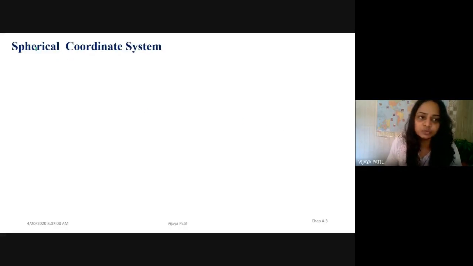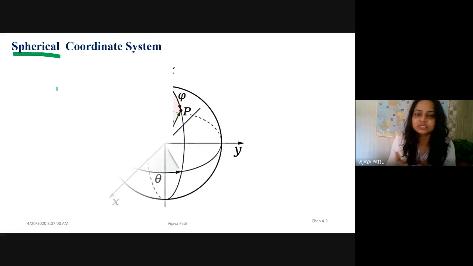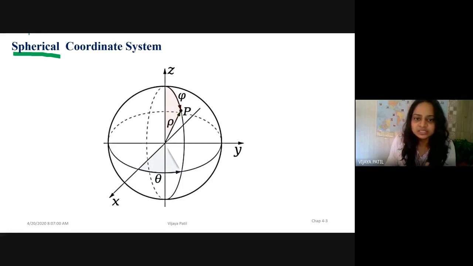Now, if you observe this word here, spherical, it gives you an idea that this coordinate system is related to a sphere. Sometimes, in the beginning also, I have said spherical polar coordinates. This is also known as spherical polar coordinates. Now, as I have told, this is related to a sphere. Let us consider this sphere in space with center at the origin.